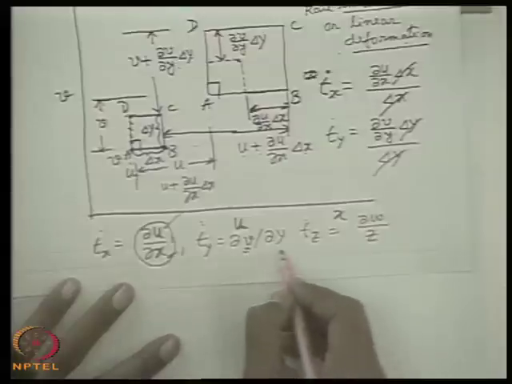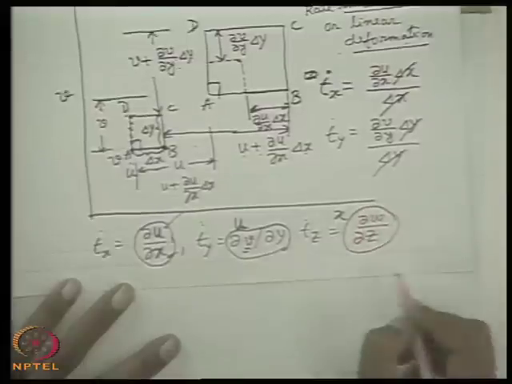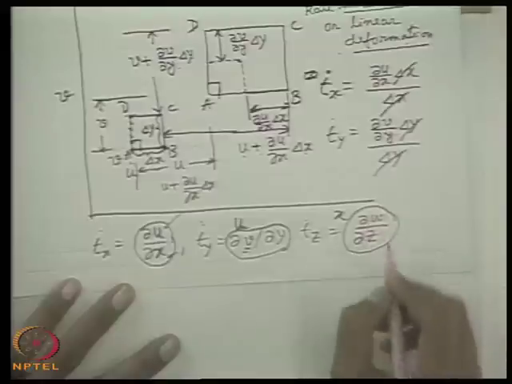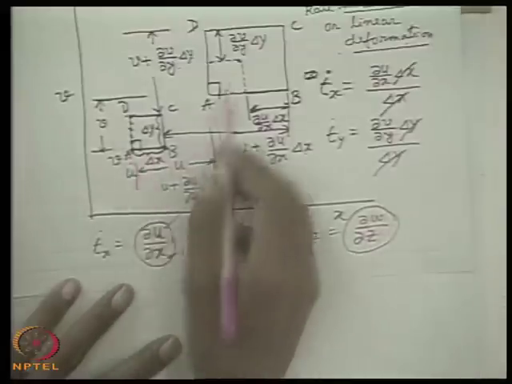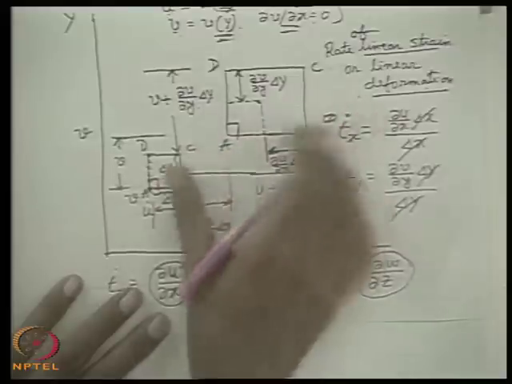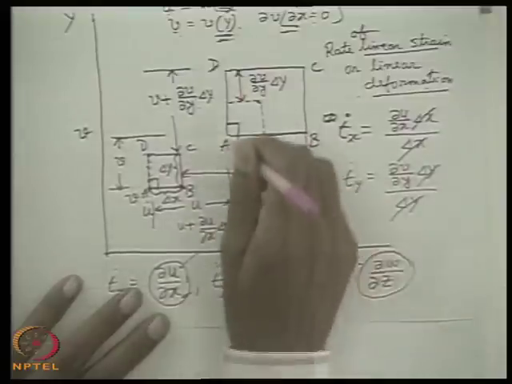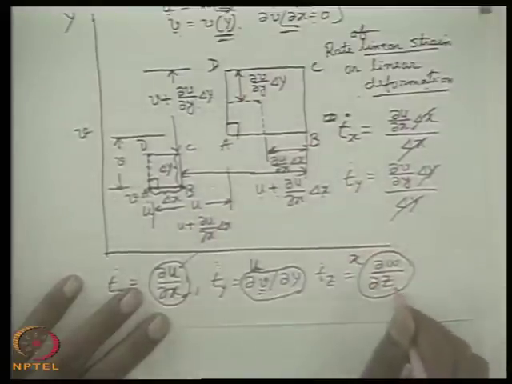Similarly, v is a function of y, so that ∂v/∂y is non-zero. Similarly, w, the z component of velocity, is a function of z only, so that ∂w/∂z is non-zero. Then a fluid body gets simply elongated in the linear direction, that means all the sides in z direction also will be elongated. This is the rate of linear deformation, that is elongation per unit original length per unit time.